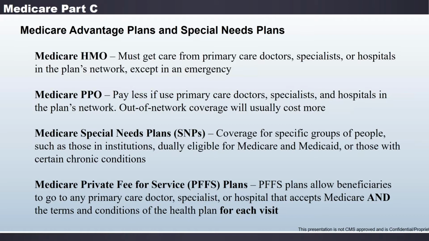So you'll see these in areas that are typically, maybe out in the country, where there just weren't enough doctors to build a network of doctors for an HMO or a PPO plan. And so you can go and see any doctor you want, but then the health plan will contract with the doctor for that visit.